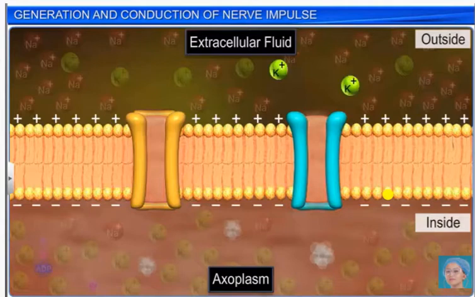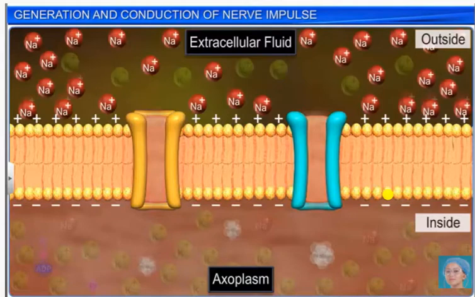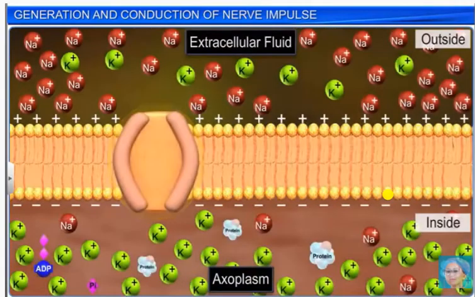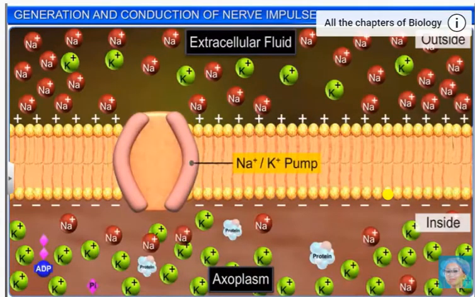On the contrary, the extracellular fluid outside the axon contains a low concentration of potassium and a high concentration of sodium. This differential permeability is maintained by a sodium potassium pump present in the membrane.